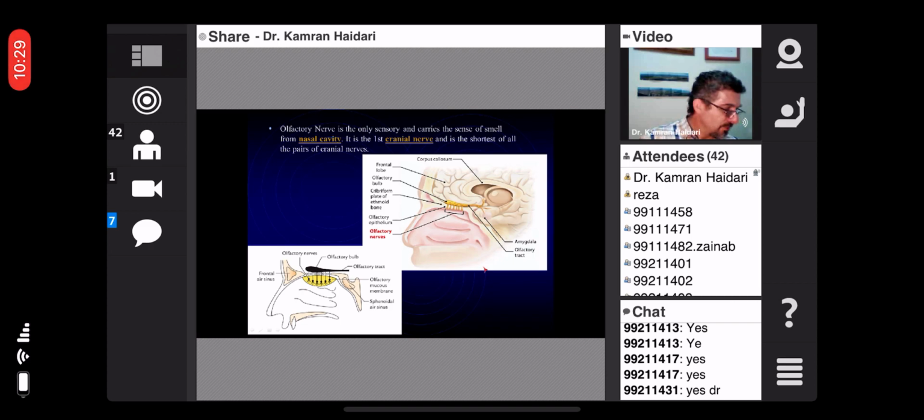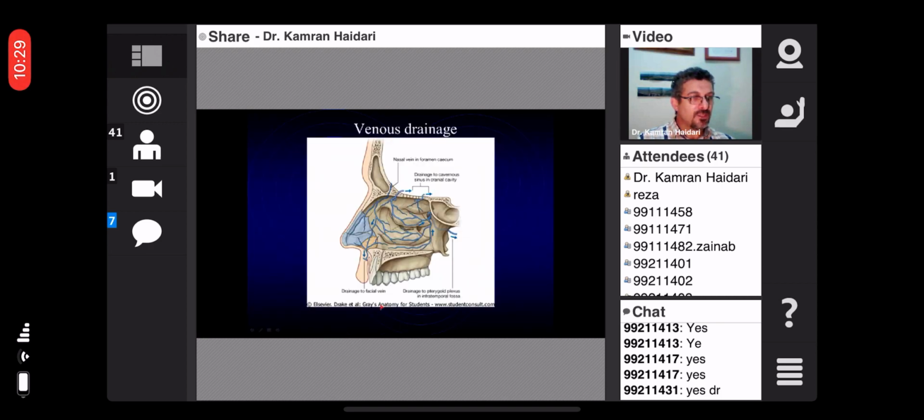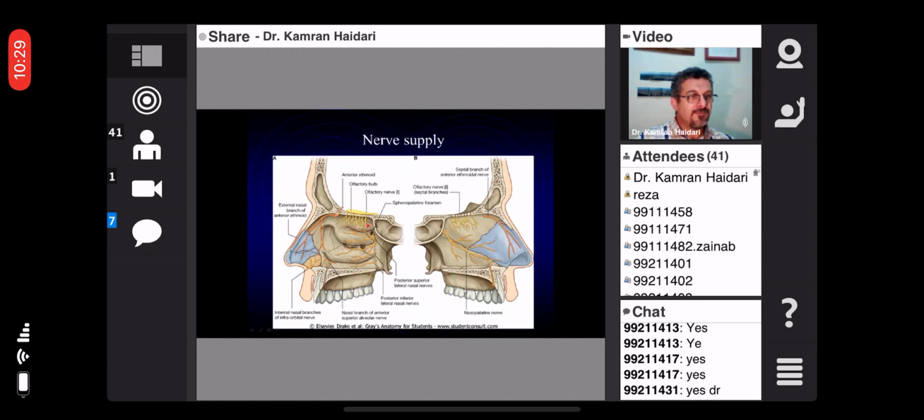Okay, another thing. The olfactory cells are located at the roof of the nasal cavity. In this picture I can show you, this is the olfactory cells or olfactory neurons.